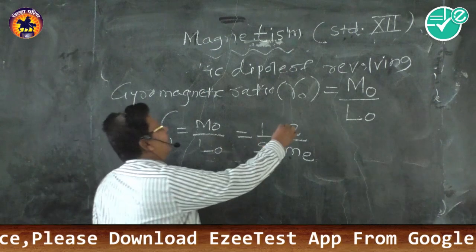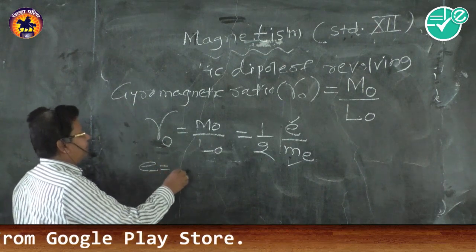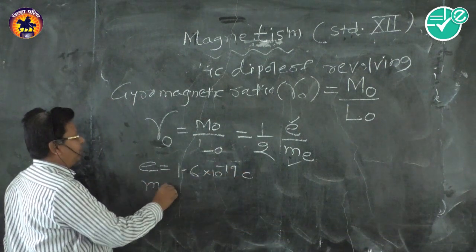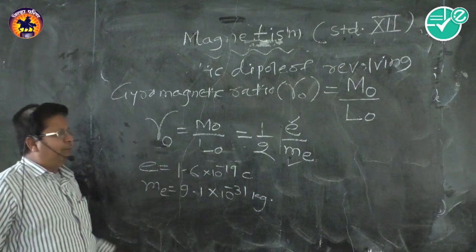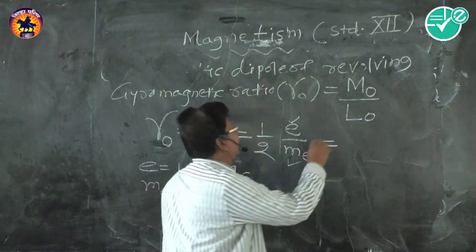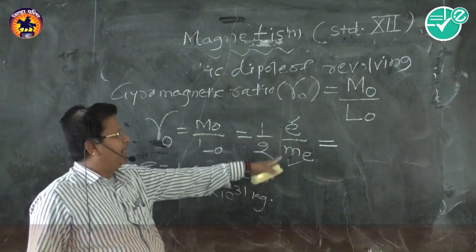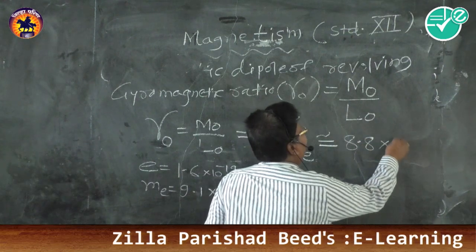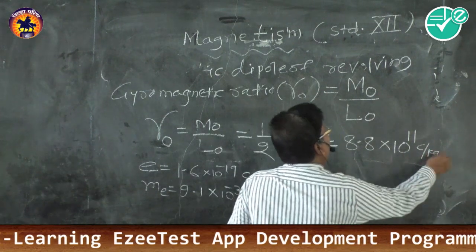If we substitute the values of e and m_e, that means e is equal to 1.6 into 10 to the power minus 19 coulomb, and mass of the electron is equal to 9.1 into 10 to the power minus 31 kilogram, then the value of gyromagnetic ratio M_O upon L_O is equal to 1 by 2 into e divided by m_e, which comes out to be nearly equal to 8.8 into 10 to the power 11 coulomb per kilogram.